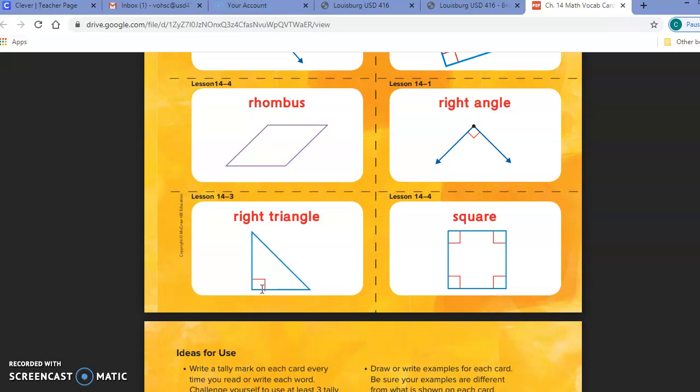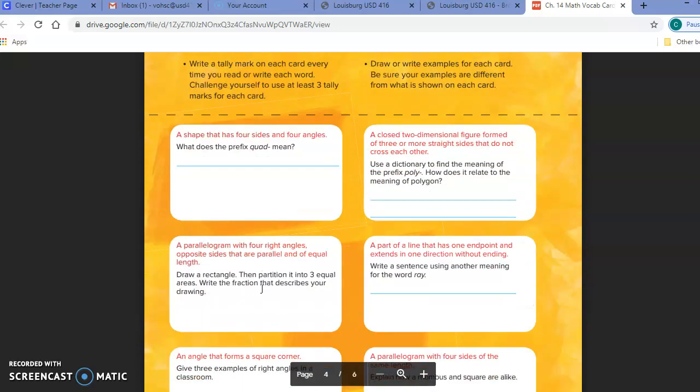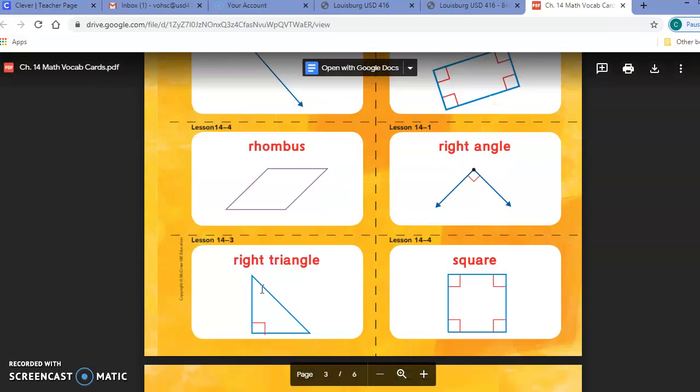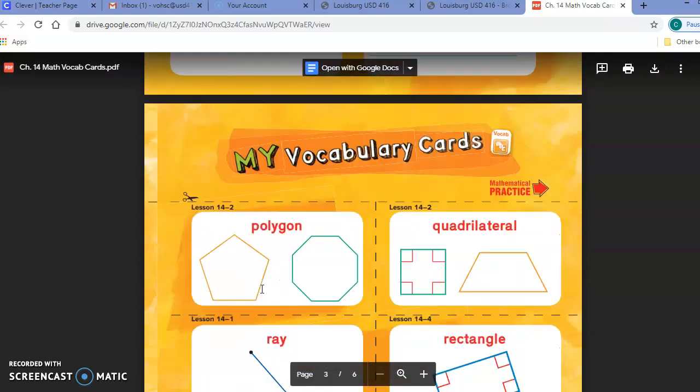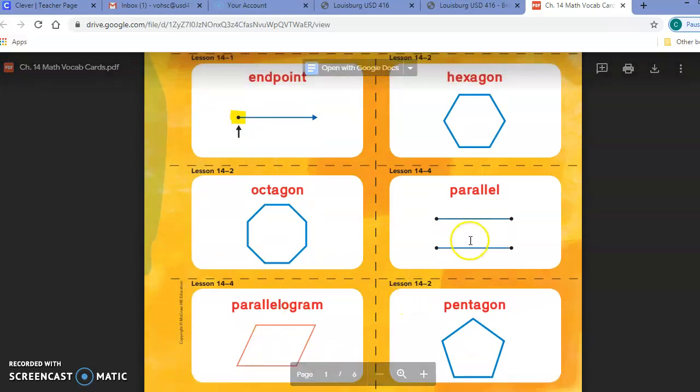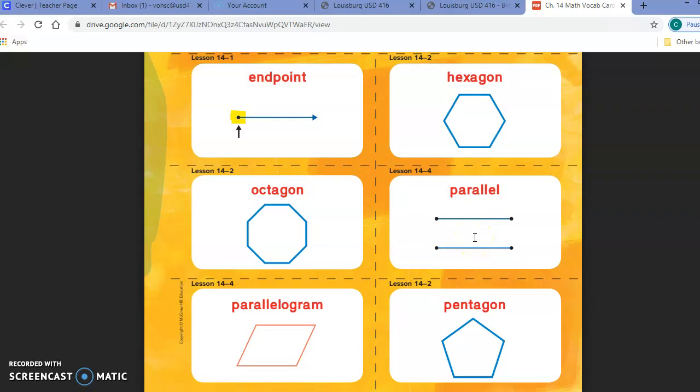In lesson 14-4, we're going to look at some more attributes or characteristics of different shapes, and one of the ones that will be talked about a lot is parallel. When we're talking about parallel, it means equal distance apart, and the lines will never cross. They'll keep going equal distance apart if they kept going.